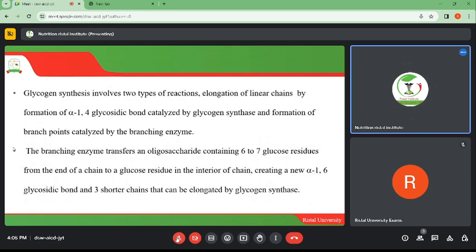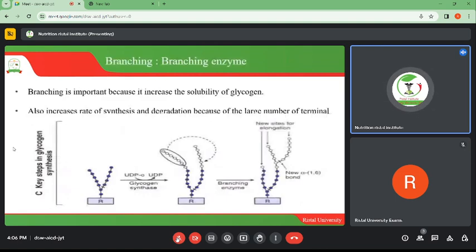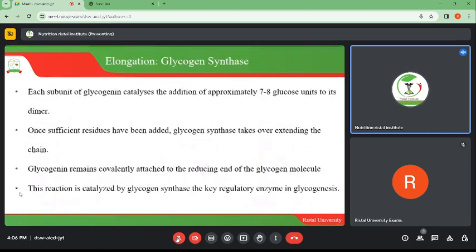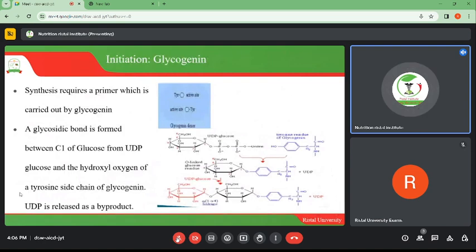So this glycogen synthesis involves two types of reaction: elongation of the linear chain by formation of 1,4-glycosidic bonds, which is catalyzed by glycogen synthase, and the formation of the branch points, catalyzed by the branching enzyme, like we talked about earlier. In this reaction, glycogen synthase continues adding on the glucose units.